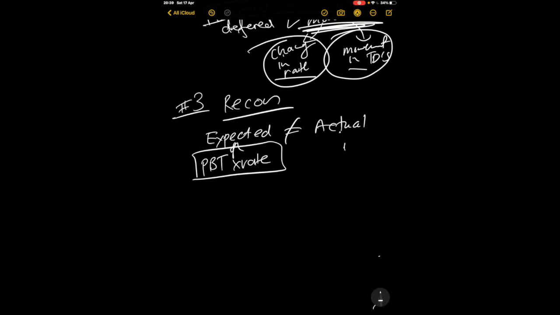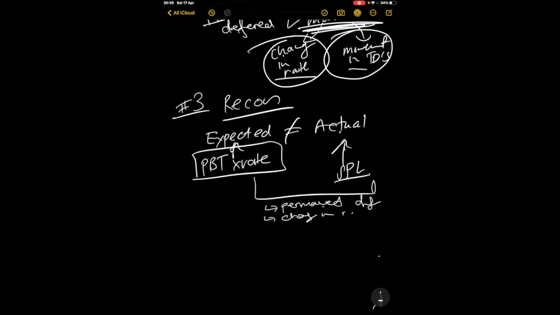However, our actual tax is what is sitting in the statement of profit or loss. So we have to compare why these two numbers are different. They could be different because there are perhaps permanent differences, a change in the tax rate, an over or under provision, and many other things.